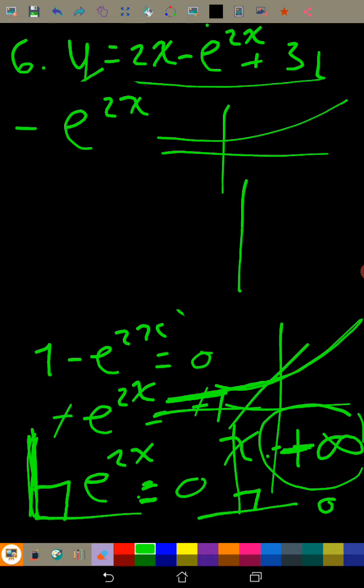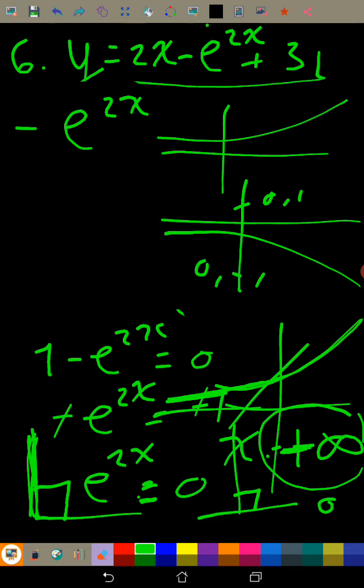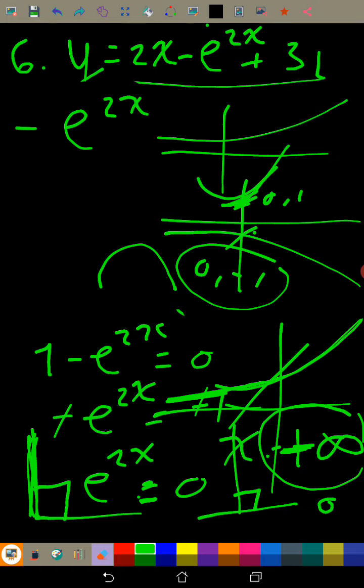It's going to be, I guess, inverted. It's going to be something like that. So if this was 0, 1, this is going to be 0, minus 1. Yeah, and that's what they say. And this is a maxima, this is a minima, this is a minimum, and this is a maximum.